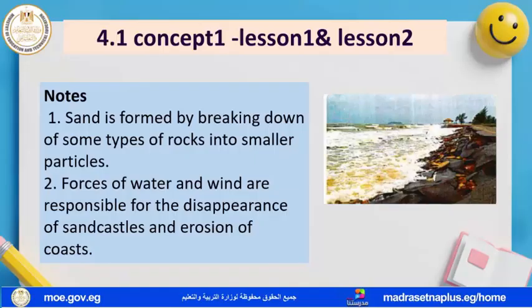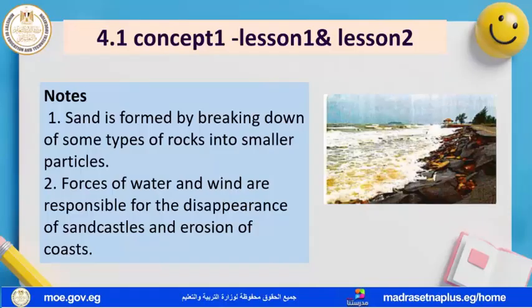It means that sand is formed by breaking down or crushing some types of rocks. Such rocks, when ground by water, change from big particles to small particles. So sand is formed by the breaking down of some types of rocks into smaller particles.